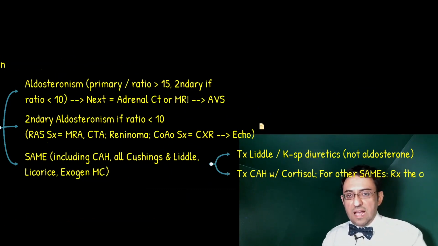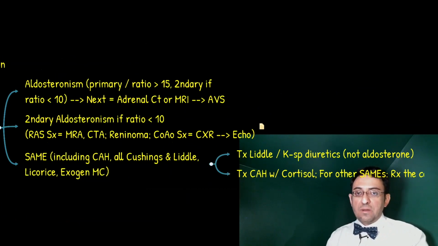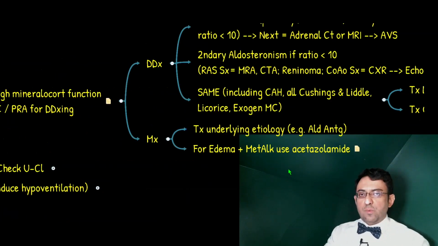Therefore, we do not have normalization of sodium, but instead we have edema. Put it simple, in hyperreninemic hyperaldosteronism, we have possibility of edema and hypernatremia, while in primary hyperaldosteronism, because of the aldosterone escape, we usually have no edema and normal levels of sodium are maintained. Now that said, if a patient with metabolic alkalosis has edema, what is the diuretic of choice?